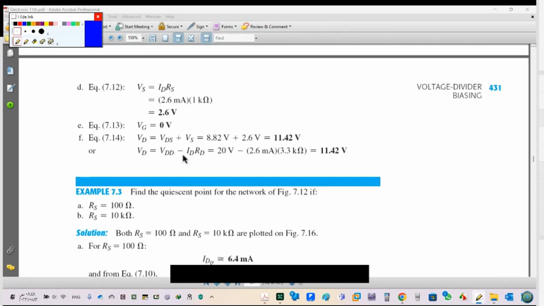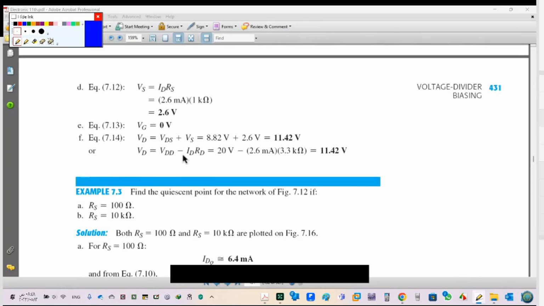Let's return back to BJT, where we said RE is the most important resistance for stability. Same thing here.